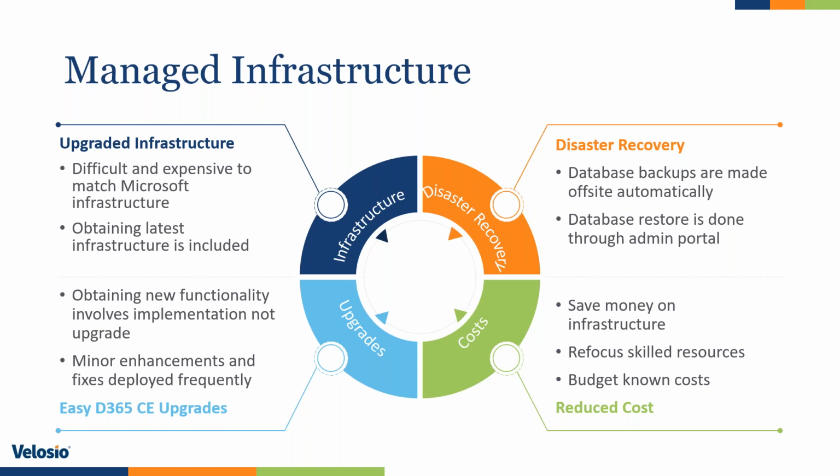And that's a 40% reduction in administrative expenses. So all of those things that I was talking about before, in terms of making sure you're on the latest SQL and hardware and planning your upgrades and things like that, when those things are done for you, then you recognize those reduced costs and you save money on that infrastructure.